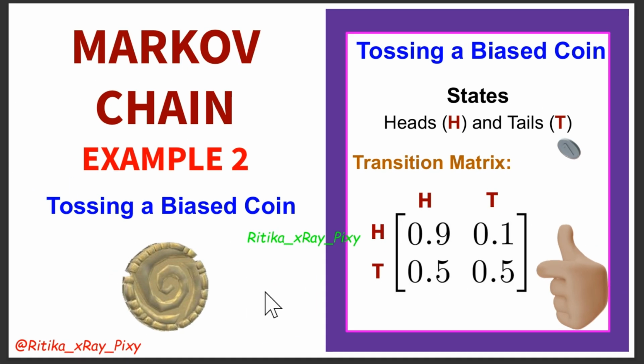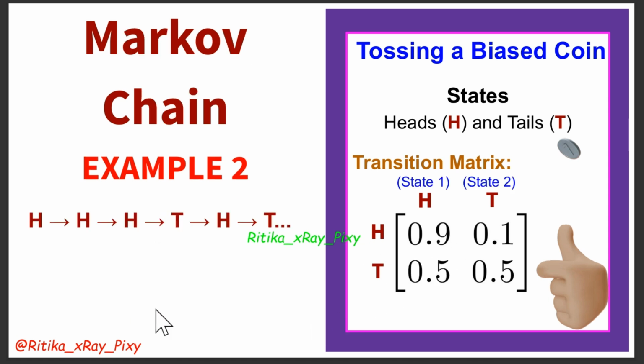So for the first example, suppose we are tossing a biased coin. Here we have two states, heads and tails, and you can see this is the transition matrix. If you start with heads, the next toss depends only on the current toss, not the previous one. This creates a sequence like heads, heads, heads, tails, heads, tails. For example, we toss the coin and it shows heads.